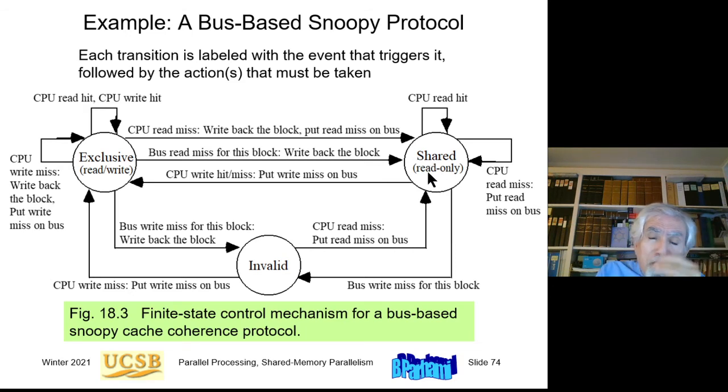But if a processor that has a shared copy wants to write into that data, whether it hits or misses in the cache, it puts a write miss on the bus. It basically informs the other processors that it wants to write into this.